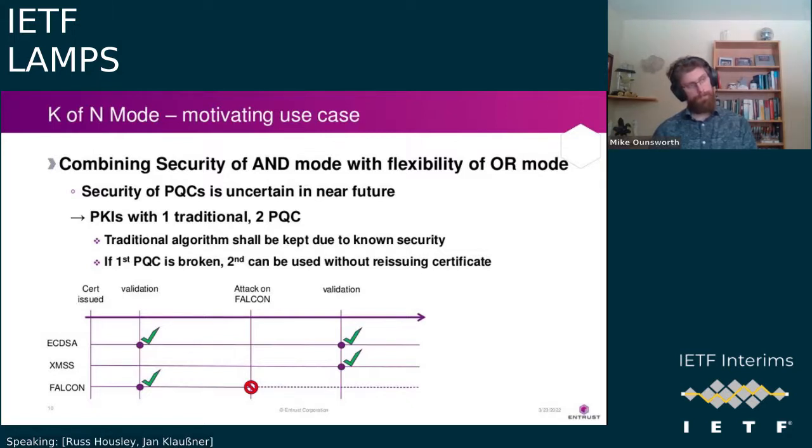Yeah, I have a question. So we have three signatures here, and you talked about PKI. Does this approach also define how to put these three signatures into a certificate?